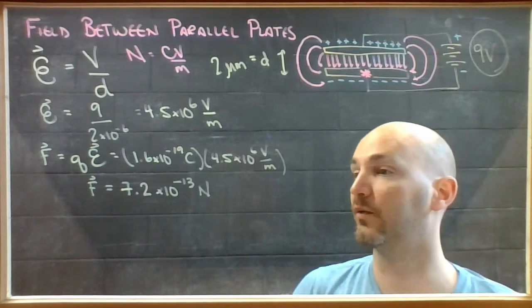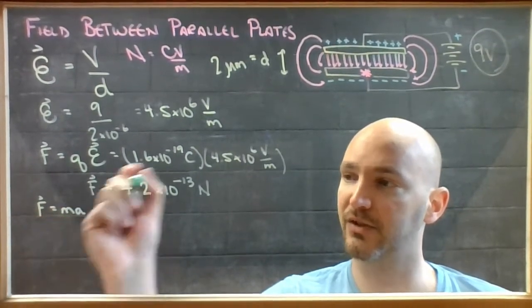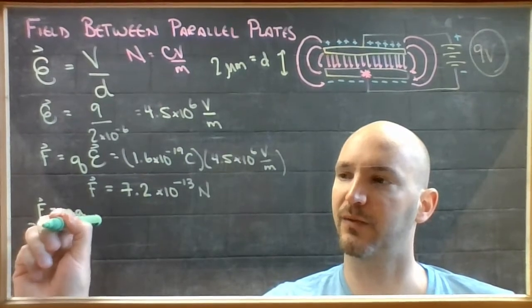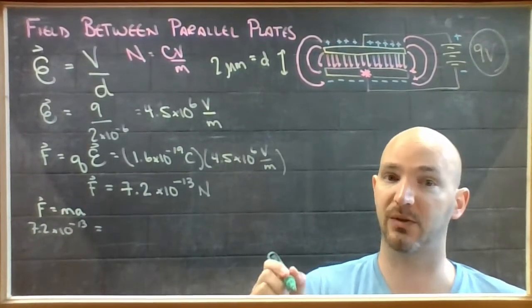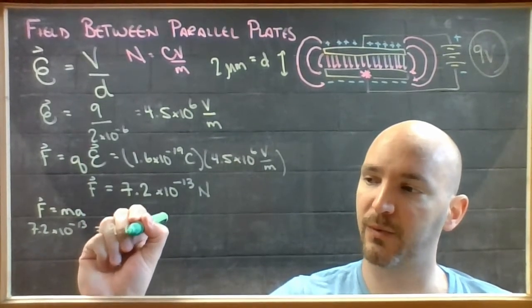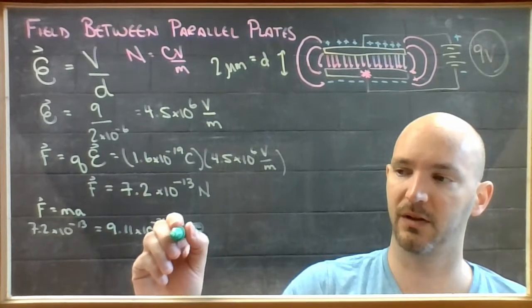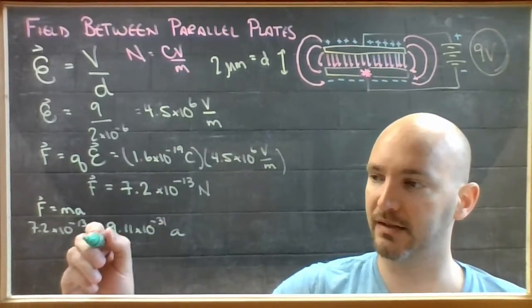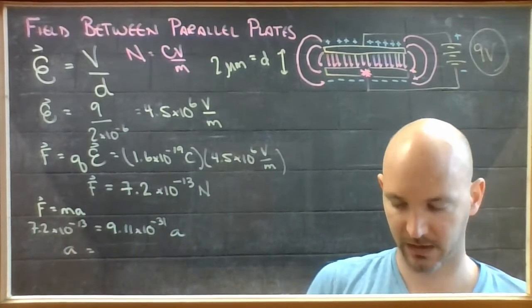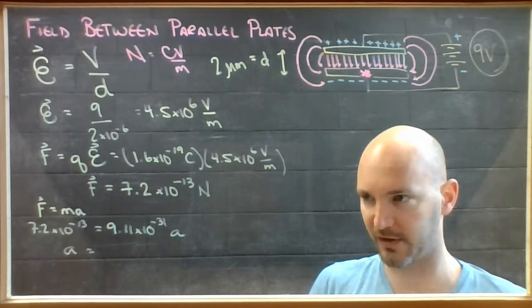So force is mass times acceleration. So if this amount of force, 7.2 times 10 to the negative 13, was applied to an electron whose mass is 9.11 times 10 to the negative 31 kilograms, what would its acceleration be? I just have to divide this by this. And if you have any number sense with scientific notation, you are already chuckling to yourself.